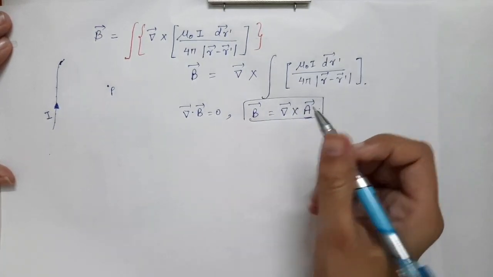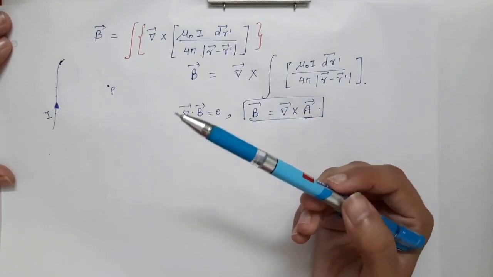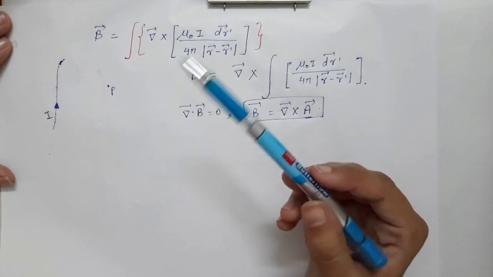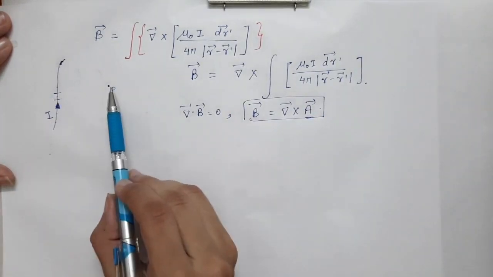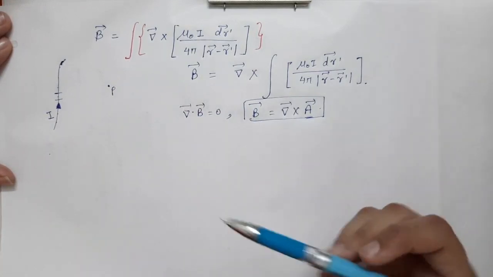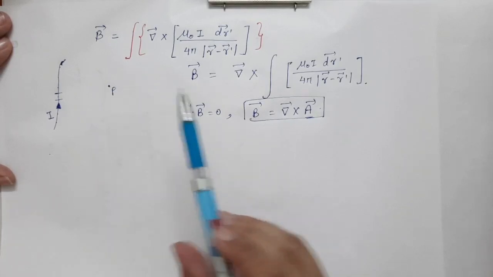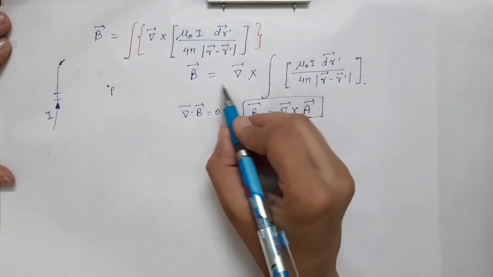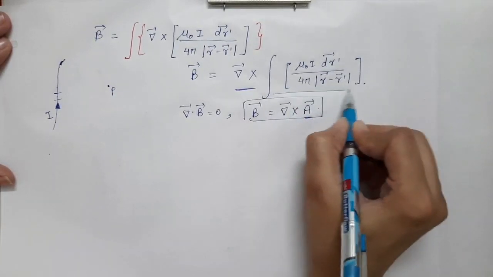In this whole derivation, I took the magnetic field due to a small element. I took the expression of the magnetic field, made a little modification, and then found the total magnetic field at this observation point, and found that the magnetic field can be written as the curl of this expression.